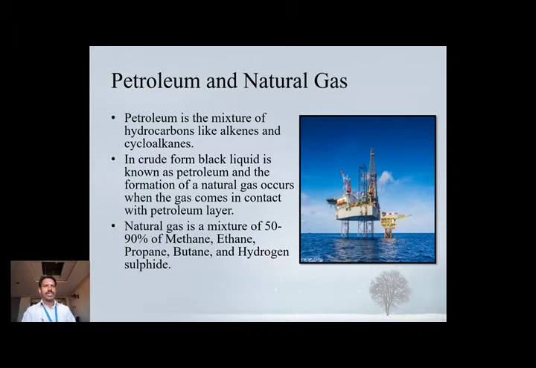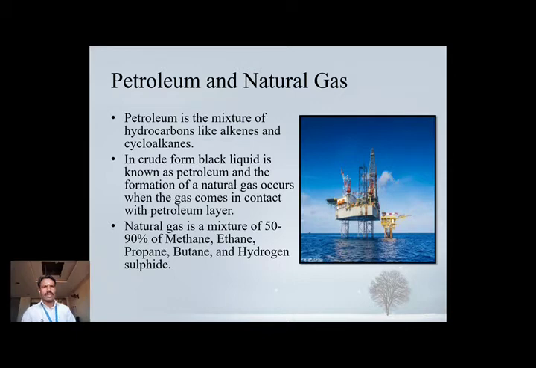Petroleum and natural gas are formed from hydrocarbons like alkanes and cycloalkanes. Alkanes have a linear bond formation; cycloalkanes have a circular bond formation.